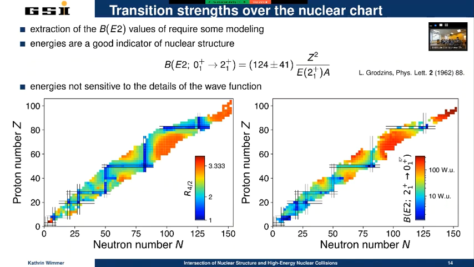We see a very similar behavior between the B(E2) values and these R4/2 ratios that I mentioned before. So now red areas where R4/2 is around 3.3, indicating deformed rotor, now correspond to areas where we have transition probabilities of 100 or more Weisskopf units. So this Weisskopf unit is the single particle unit.